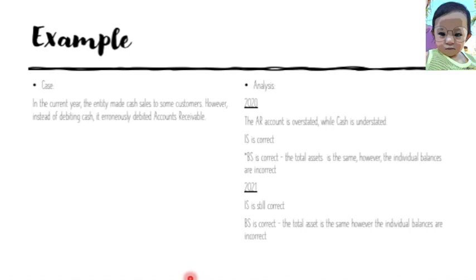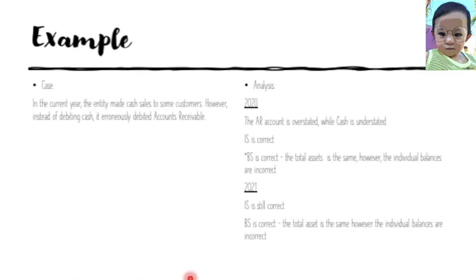The credit to sales is in no way in error because it's correct to credit sales. However, instead of debiting AR, you should have debited cash. So for the current year 2020, the AR account is overstated while cash is understated. So the income statement is correct, of course, because the sales was correct.